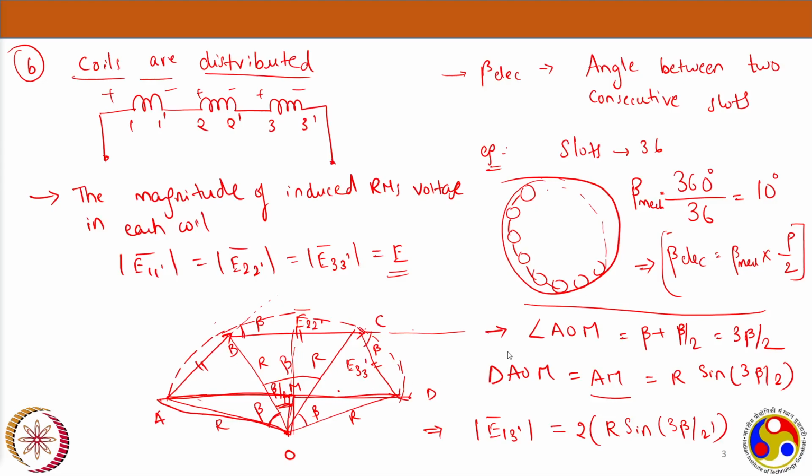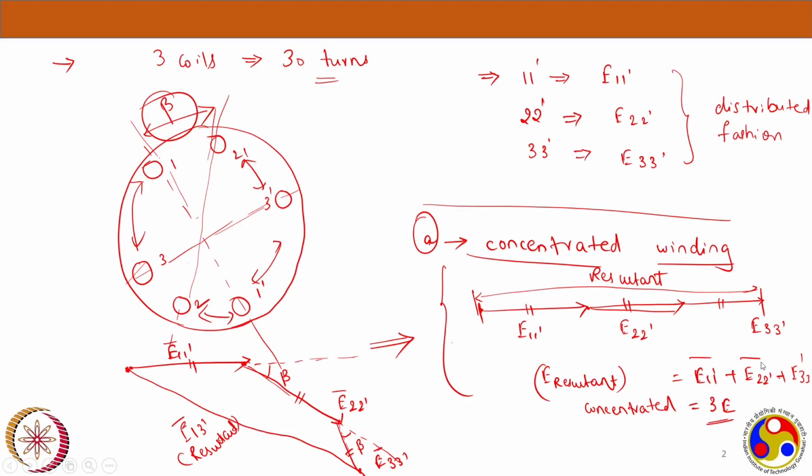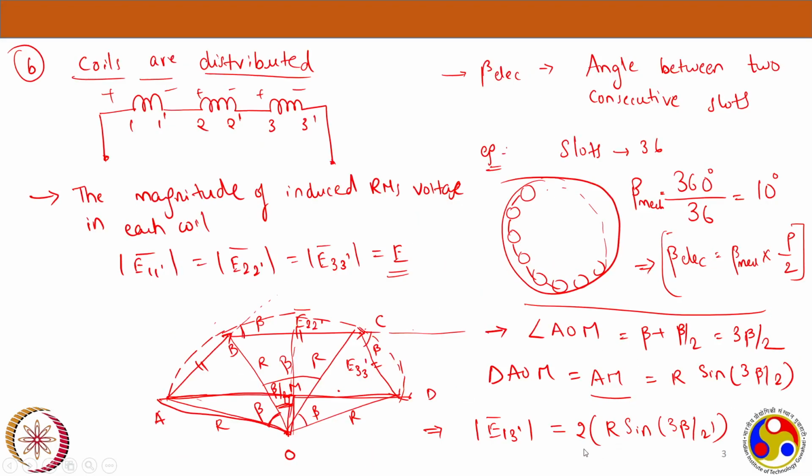Now, when coils are concentrated, the equivalent is 3E, that is simple. Now let's see the comparison. When coils are concentrated, I mean all the turns are placed like this.